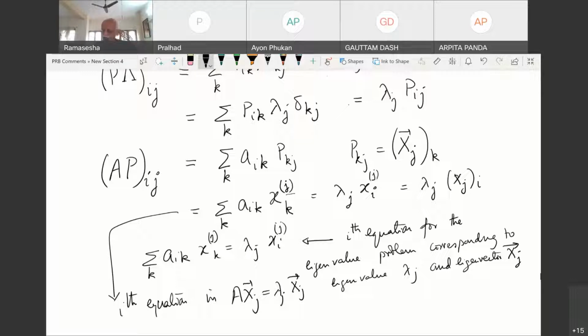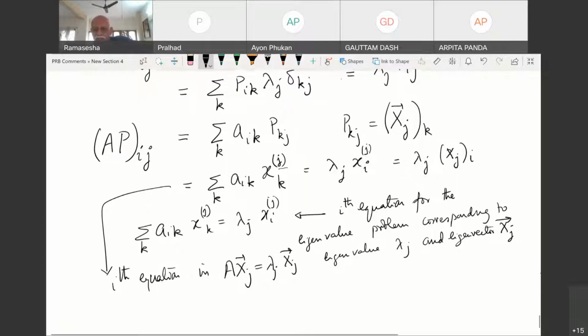So lambda j xji is the right hand side, and the left hand side is, I have to look at the ith equation, which is sigma over k aik xk of the jth eigenvector. Okay, so this is nothing but writing down the ith equation of A xj is equal to lambda j xj. Is it clear? Yes, sir. Okay, so I presume it is clear for everyone.